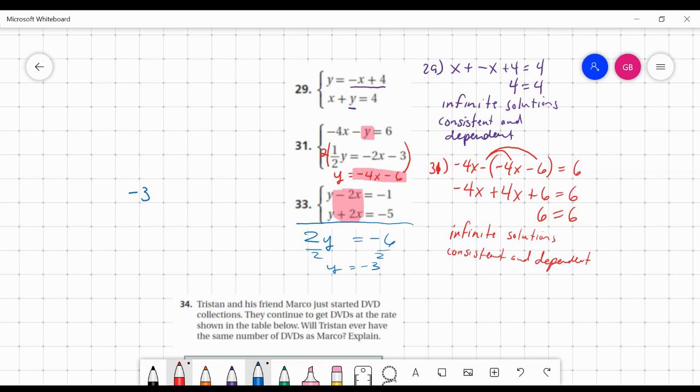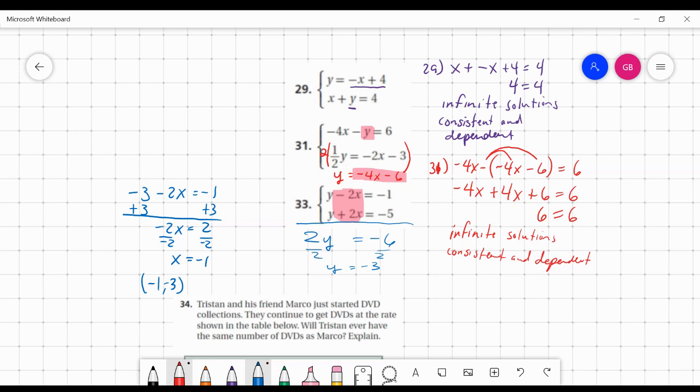So negative 3 minus 2x is equal to 1. Like that. Sorry. Add 3 to both sides. So negative 2x is equal to 4, divided by negative 2. So x is equal to negative 2. There you go. So your answer is negative 1 comma negative 3.